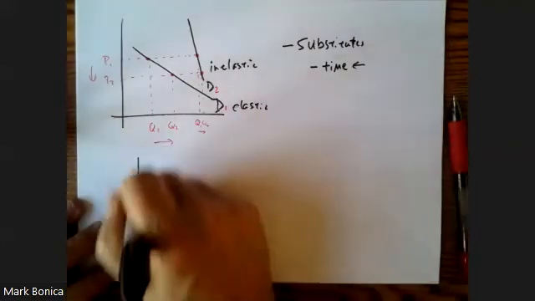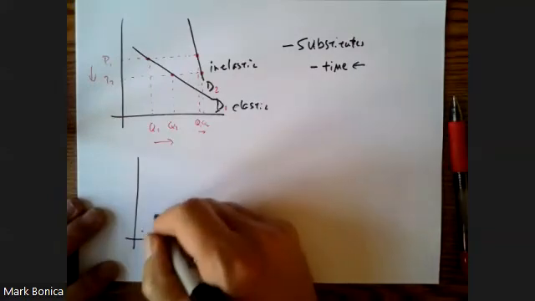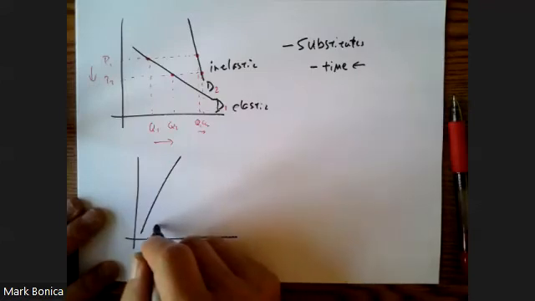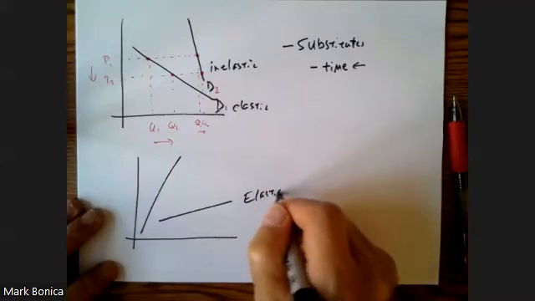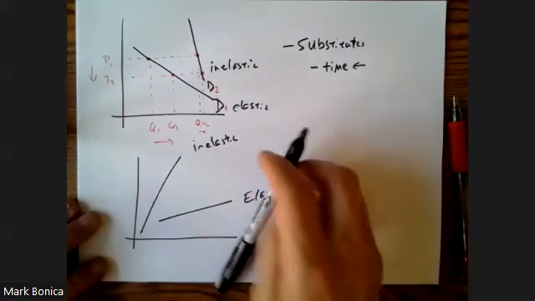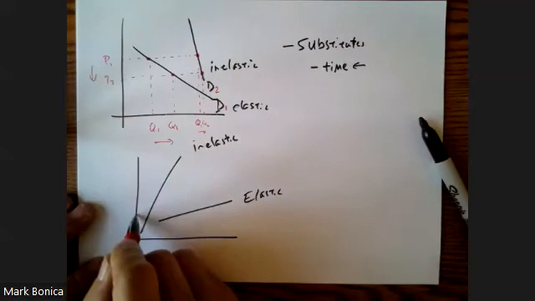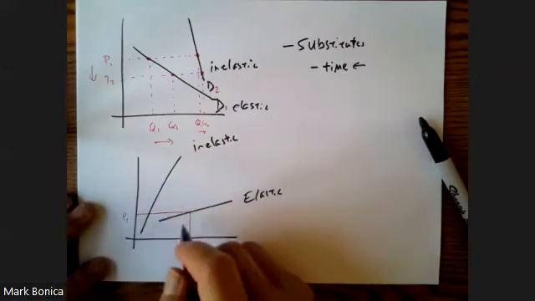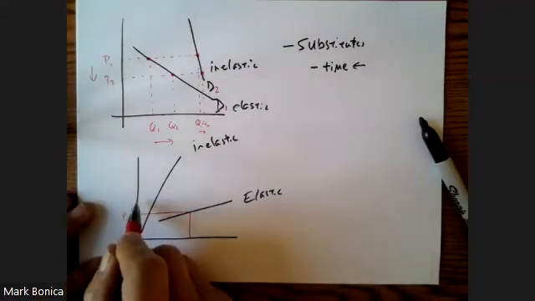With supply, the same general idea applies, right? So that's a relatively inelastic supply curve. That's an elastic one. And again, it is a small change in price. So let's say we start at P1 and then we go to P2.